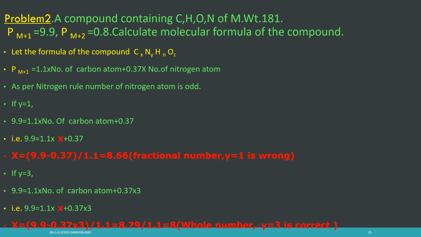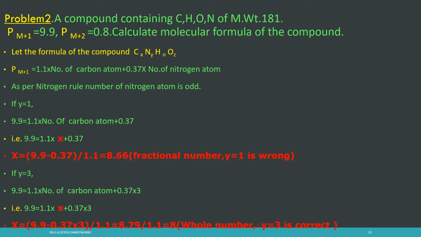So here in this problem, the molecular weight of the compound is 181, which is odd. So the molecular formula contains an odd number of nitrogen atoms, and the first odd number, y, is equal to 1. Substituting y equal to 1, the number of carbon atoms x is calculated, and the value is 8.66.